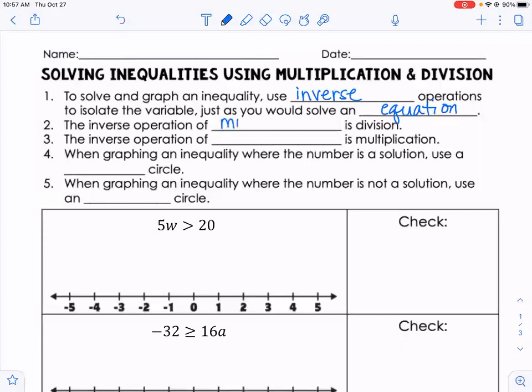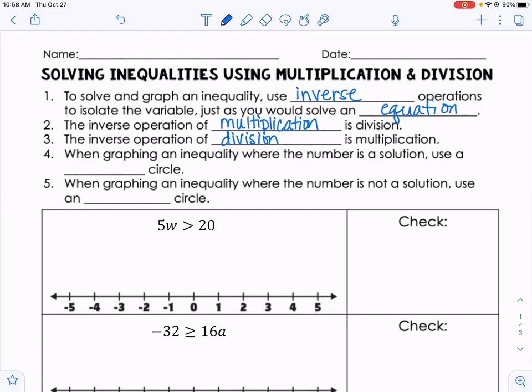Division and multiplication are inverse operations of each other. So if a number is tied to my variable with multiplication, we can undo it with division.